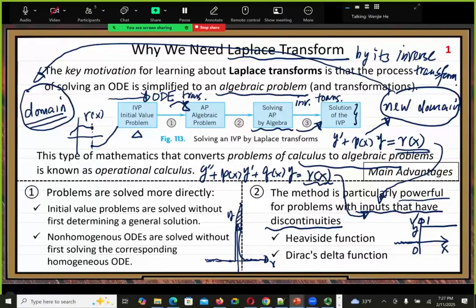But this narrow, skinny peak covers some area, and this area is 1. Very skinny. That's the Dirac delta function, delta of x. This function is also very important in our Laplace transform method. Actually, you can see that when you take the derivative of the Heaviside function, you get a delta function.